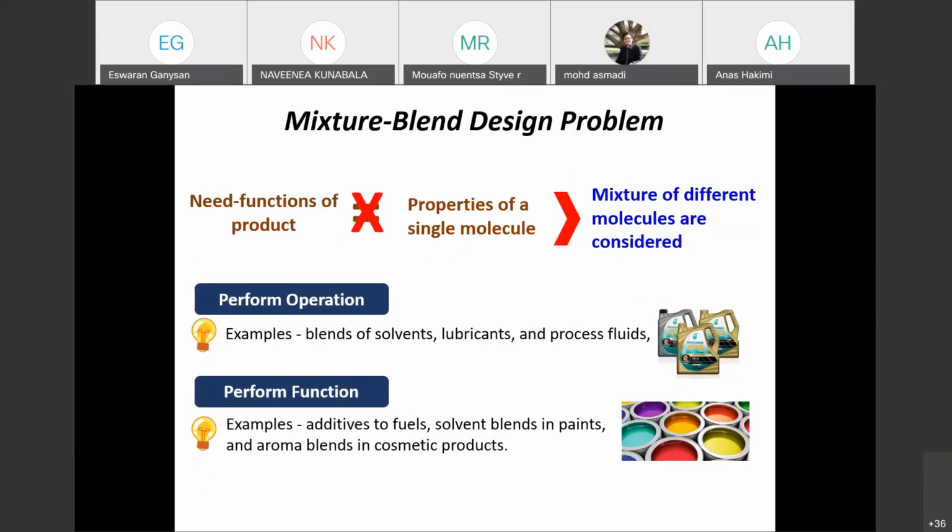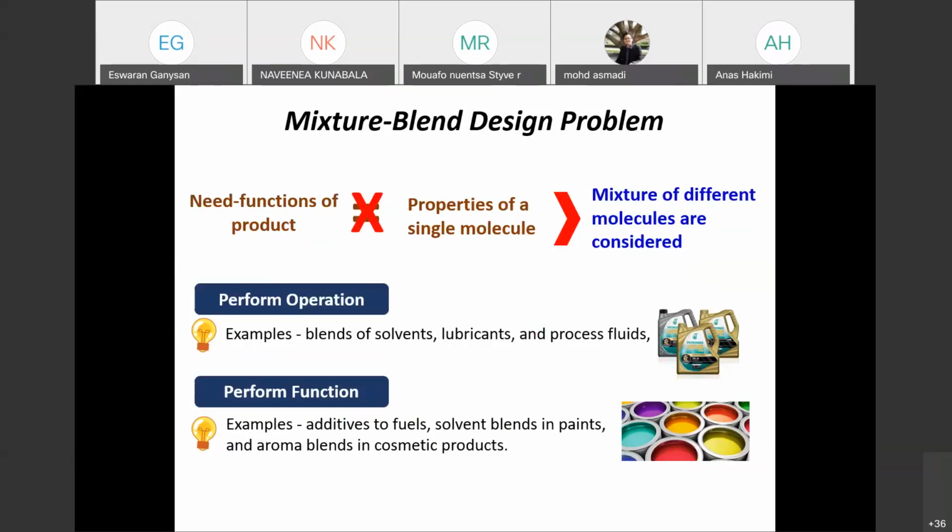We can perform specific operations in the process industry, as well as specific functions in different types of products. Examples are additives to fuel or solvent blends in paints. If you remember, last time we did the tutorial about CMC.